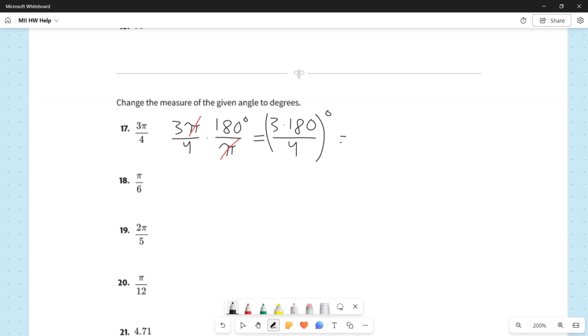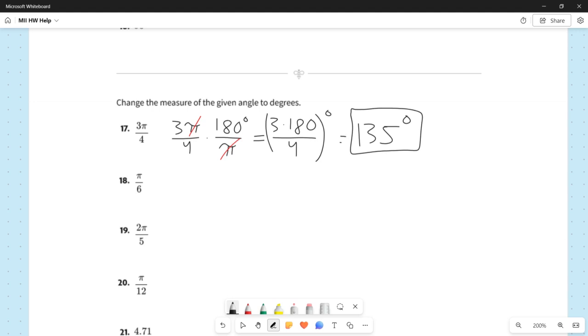You can easily type this into a calculator. If you want to do it by hand, 180 divided by 4 is 45, and 45 times 3 is 135. But again, if you have access to a calculator, feel free to use it. And again, we're talking about degrees, so I don't want to forget my degree symbol. That's the whole reason why we're doing this. And that is my final answer.